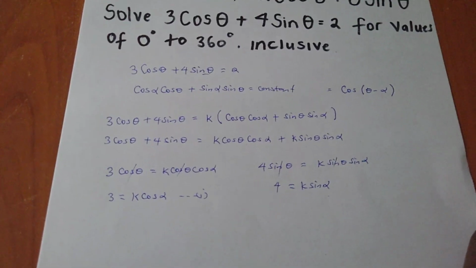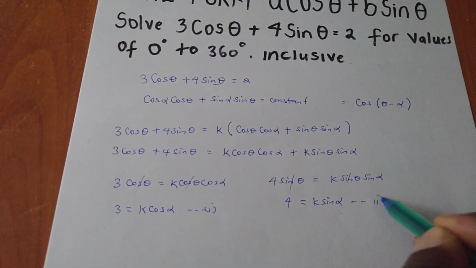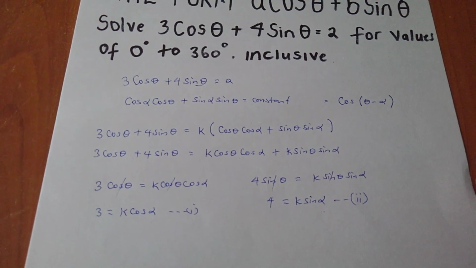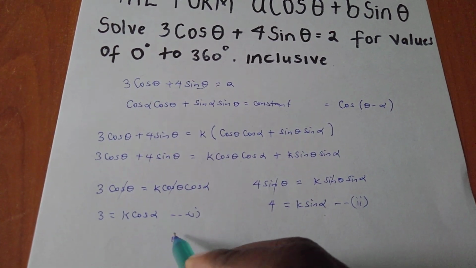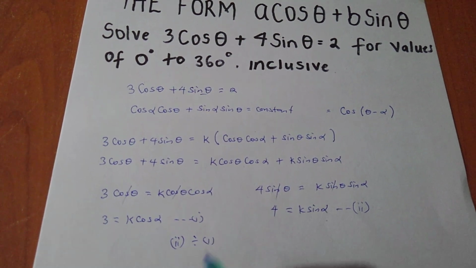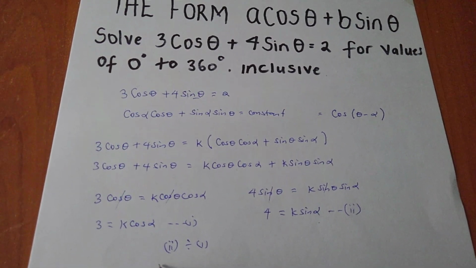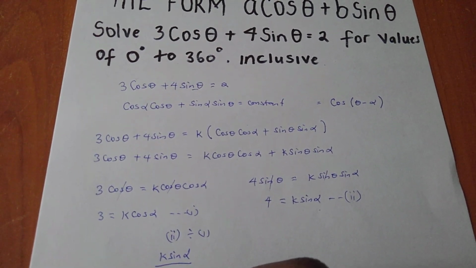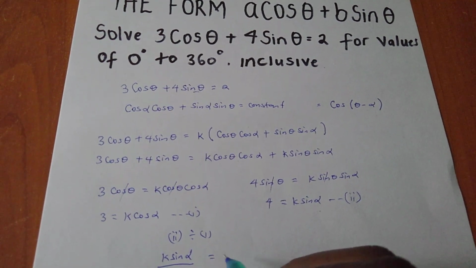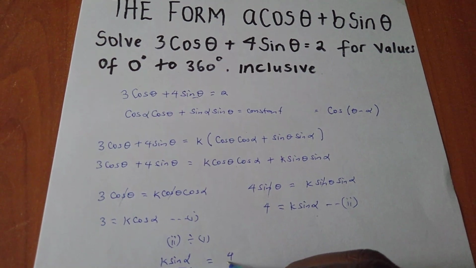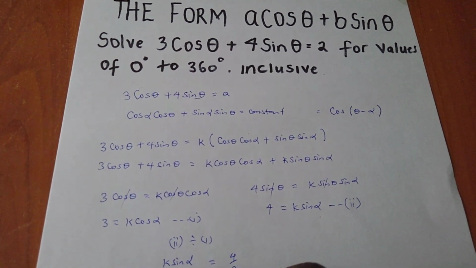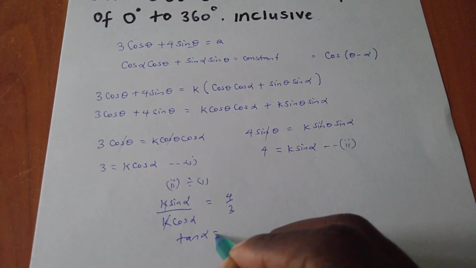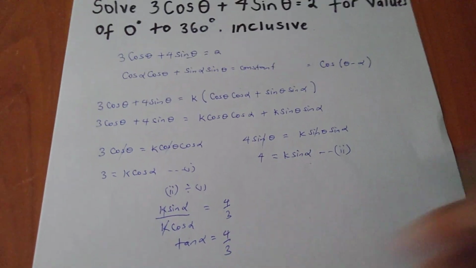I call this one equation 2. If I divide equation 2 by equation 1, I'll get k sin α over k cos α is equal to 4 over 3, of which this k will cancel out and I'll remain with tan α equals 4 over 3.